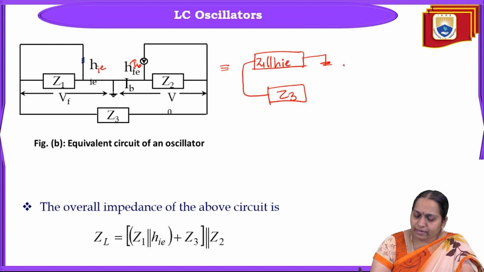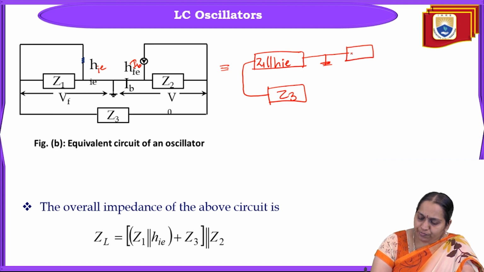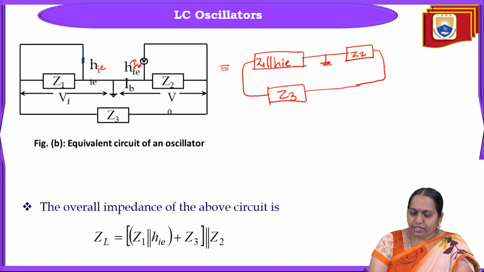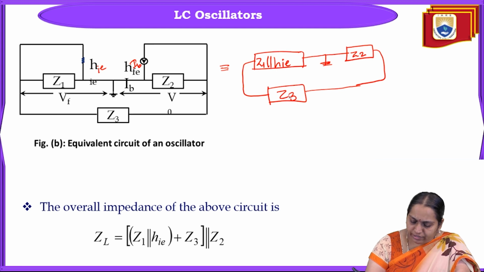Then you'll have Z2, and the other end of Z2 is given to this point. Here you'll have Z1 parallel hie plus Z3. Now you just see, this Z3 and Z1 parallel hie are in series.